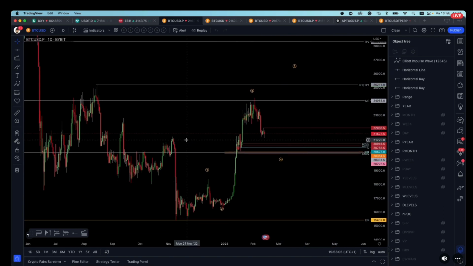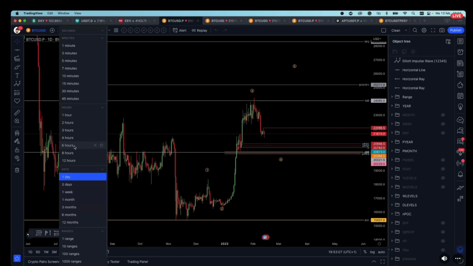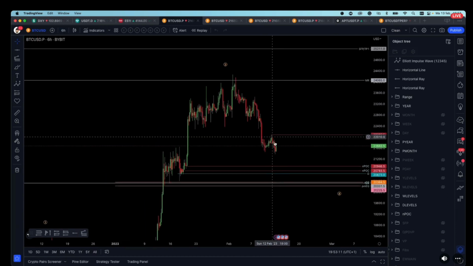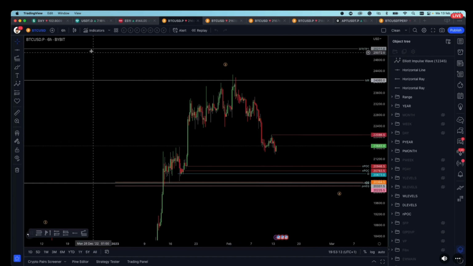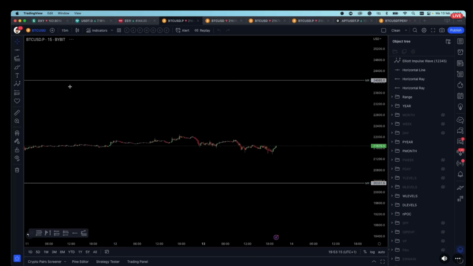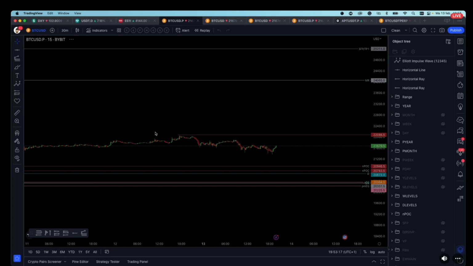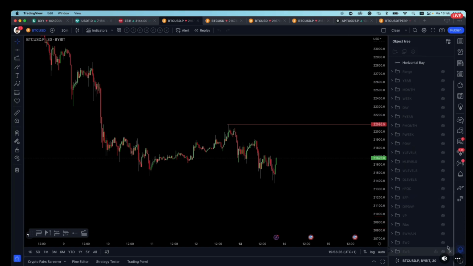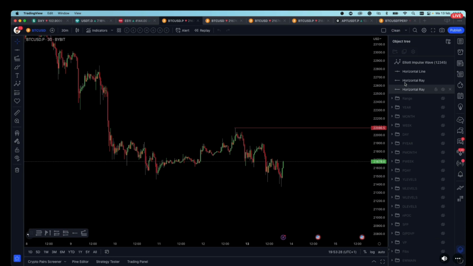If that makes sense. I am personally waiting for a bit lower right here, but if we do have that trend change... because currently, what are we seeing right now? Let's go on a 30-minute time frame and see what is happening short term. I don't really need anything other than my daily levels for this.